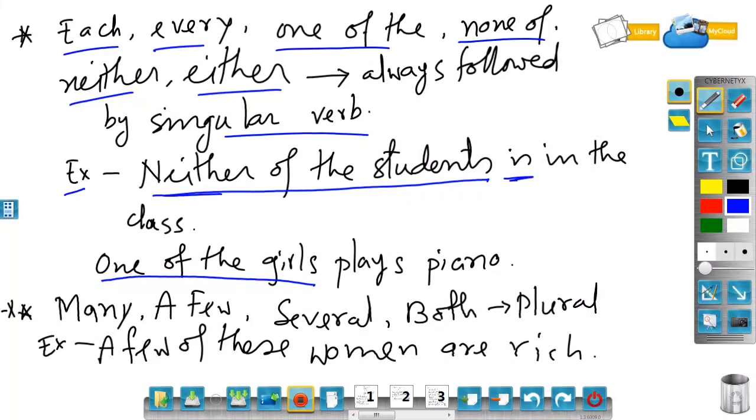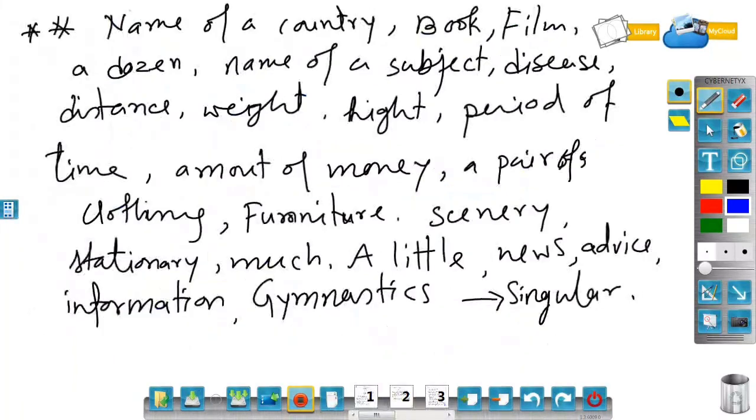Similarly, many, a few, several, both are plural in sense. So they are always plural subjects. Example, a few of these women are rich.